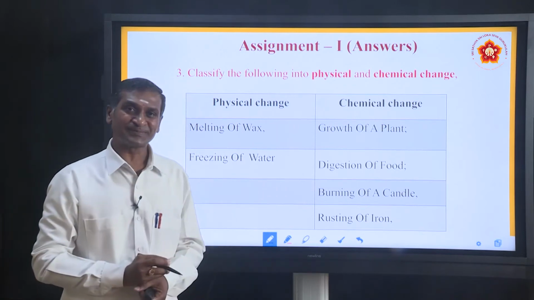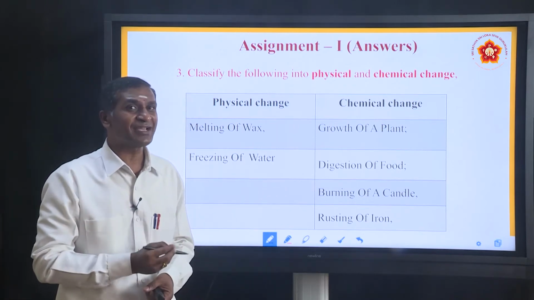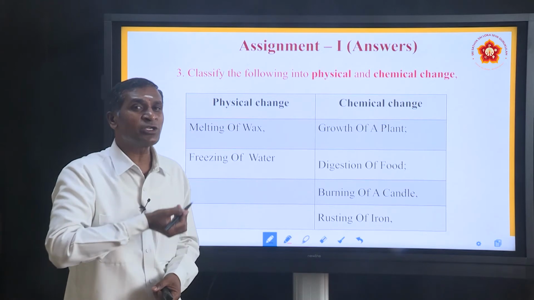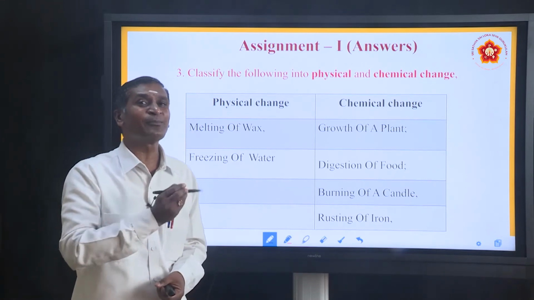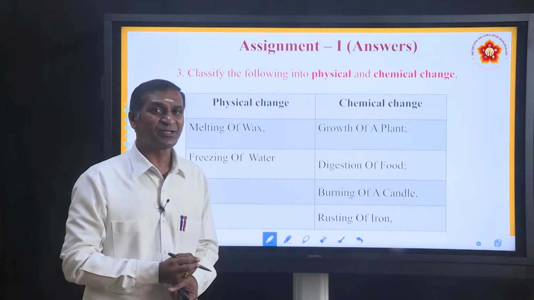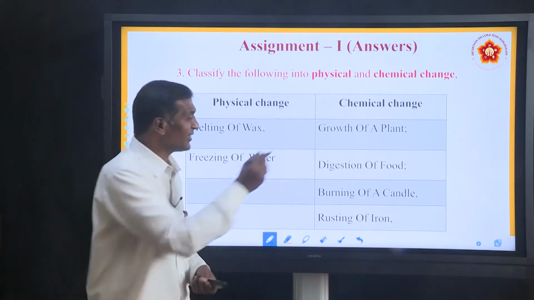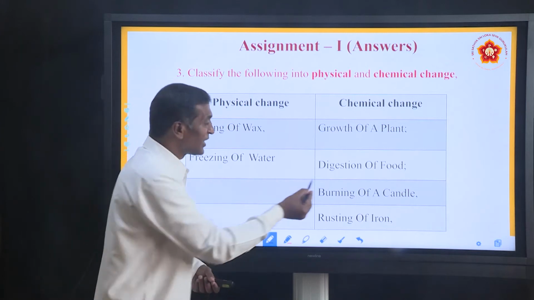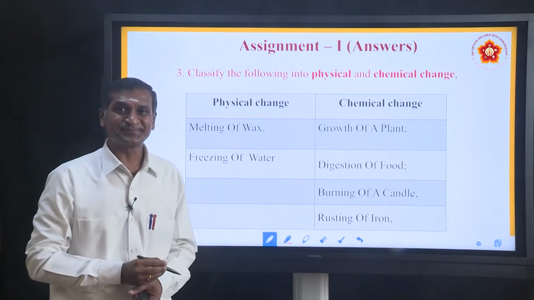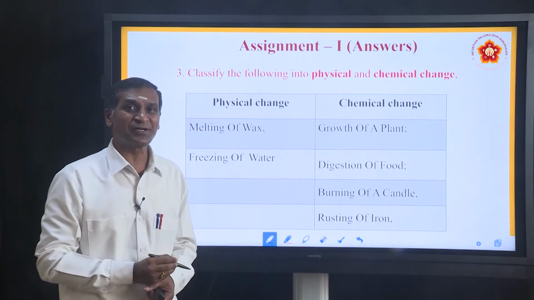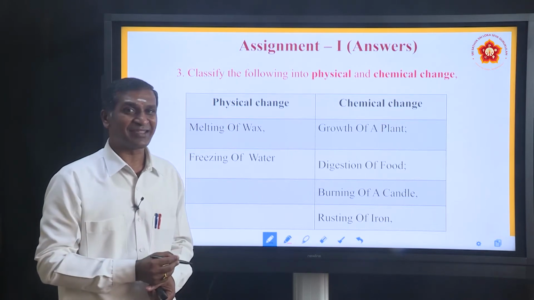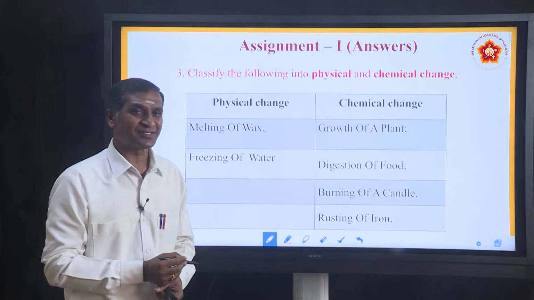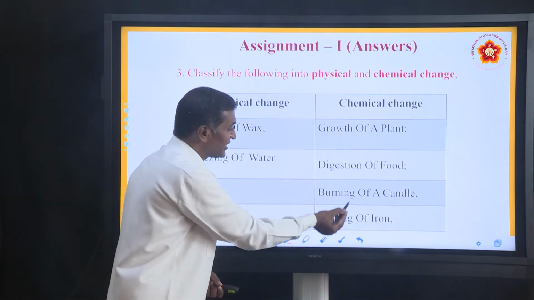Digestion of food: once the food gets digested, if you want to get back the food in the same form that you have eaten, you can't. So, it is a chemical change. Burning of a candle: the wick of a candle that is burnt will not get back the wick again after it has been burnt. So, it is a chemical change.